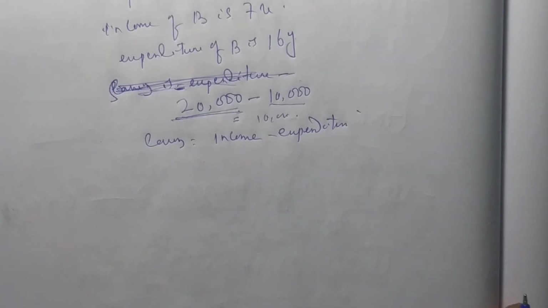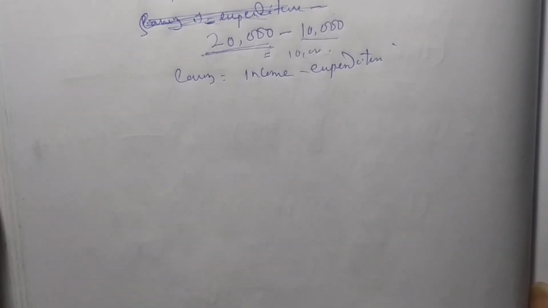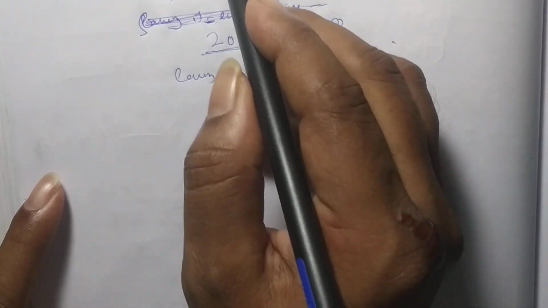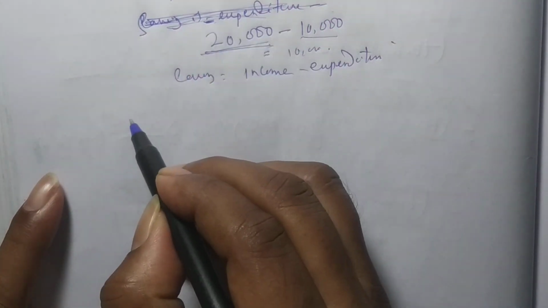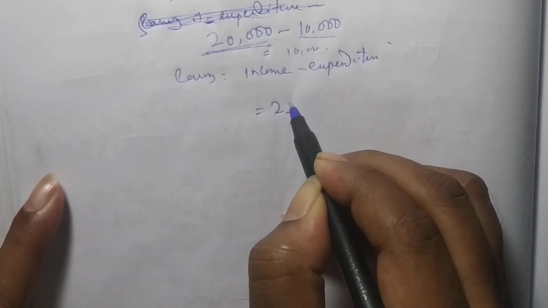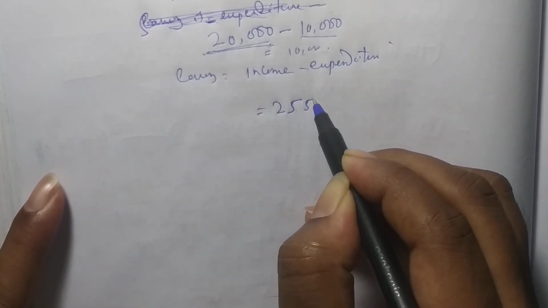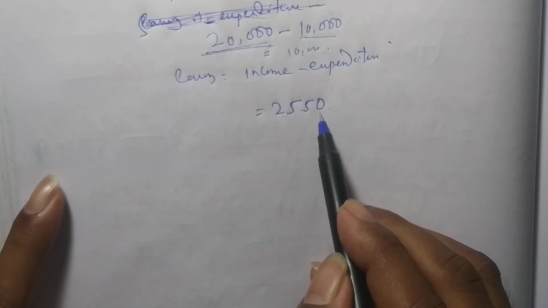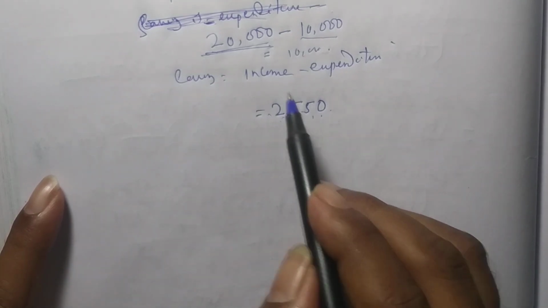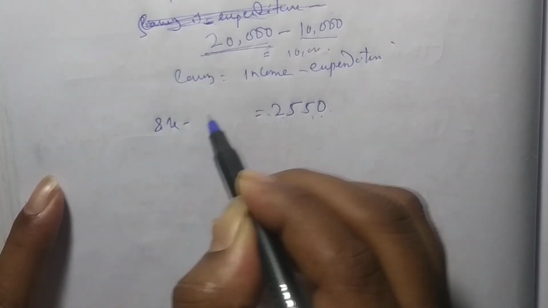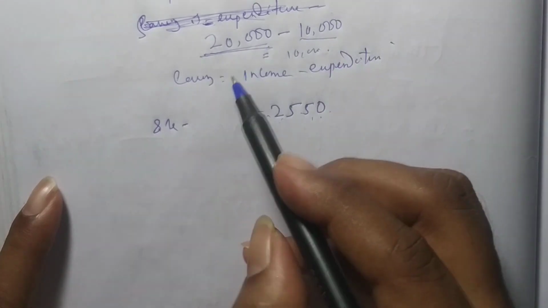Okay, now how will we make the equation? First, from A we will write. A's saving is 2,550. How do we get A's saving? A's income is 8x minus expenditure 19y.